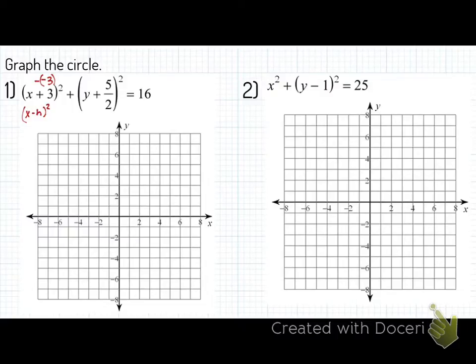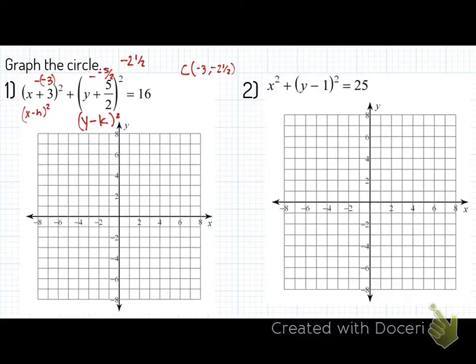And then our k here, we have 5 halves. It should say y minus k here squared. And this should be like minus a negative 5 halves, right? So 5 halves is like saying negative 2.5, right? Okay, so that means my center of my circle is going to be at negative 3, negative 2.5.